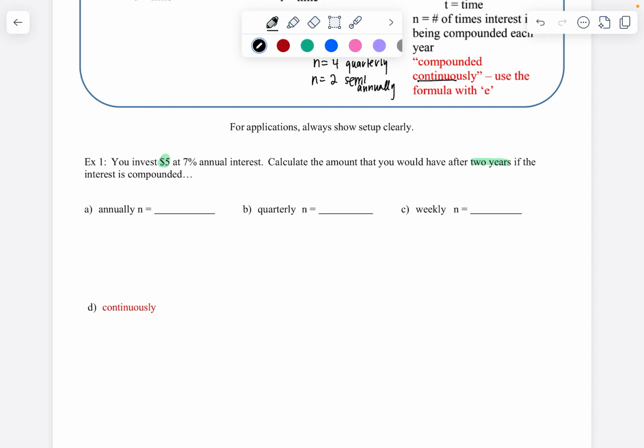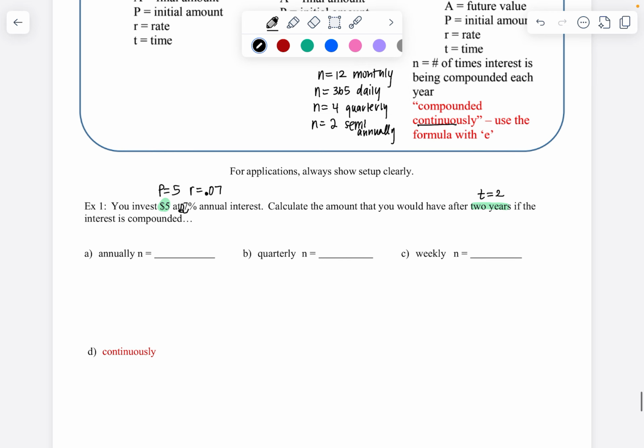Okay, and so we know the initial amount is 5. We know the interest rate is 7%, so 0.07 for the R value. Remember, move the decimal 2 places. And then we know T is 2 years. Okay, and so in the case of annually, N just equals 1.